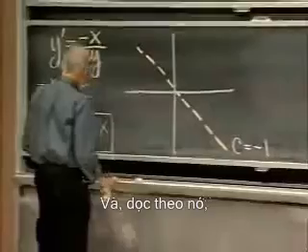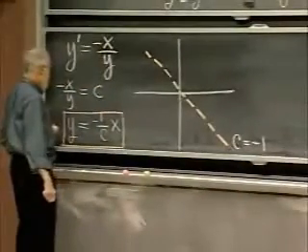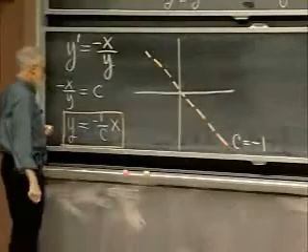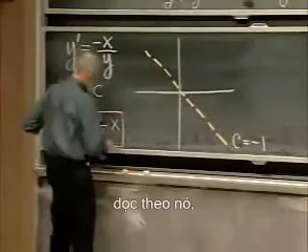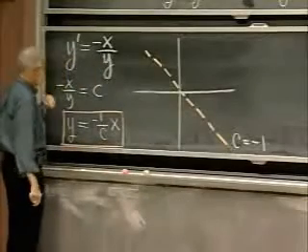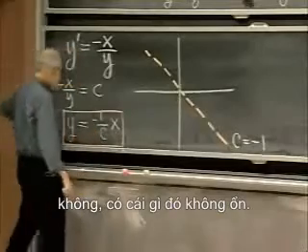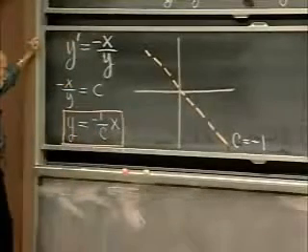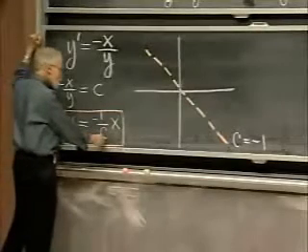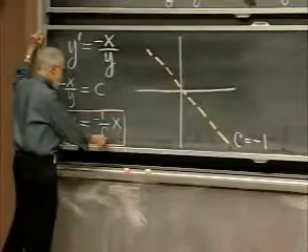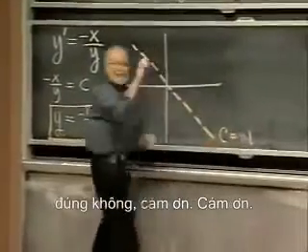Something's wrong. I'm sorry? C is equal to 1, not negative 1. Right. Thanks.